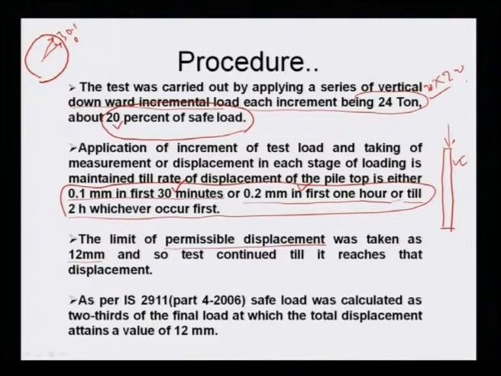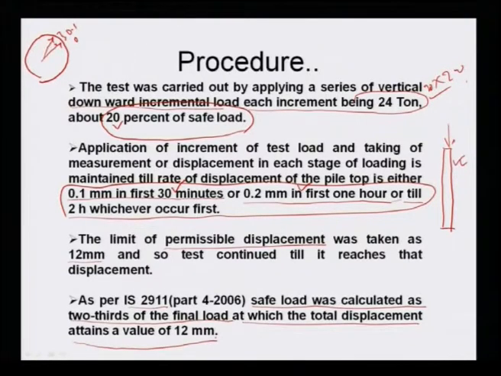You see, it is written very clearly as per IS Indian Standard 2911 Part 4, 2006. Safe load was calculated as 2/3 of final load, at which total displacement attains a value of 12 mm.